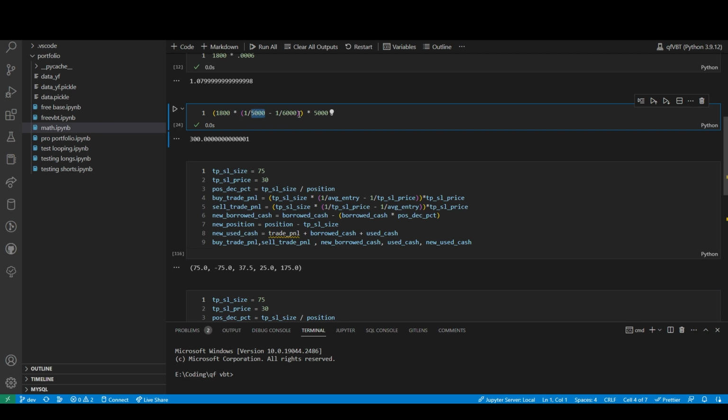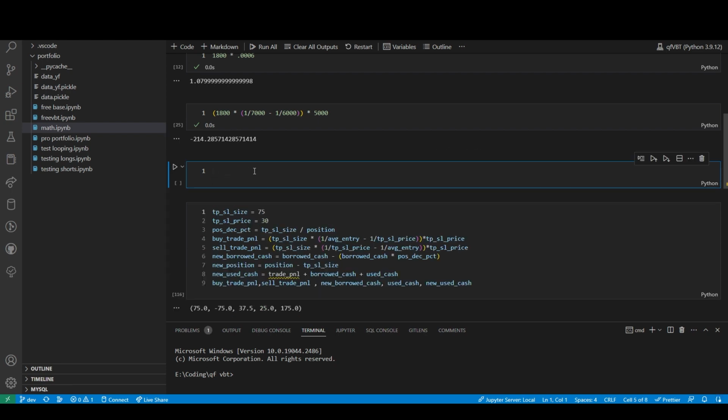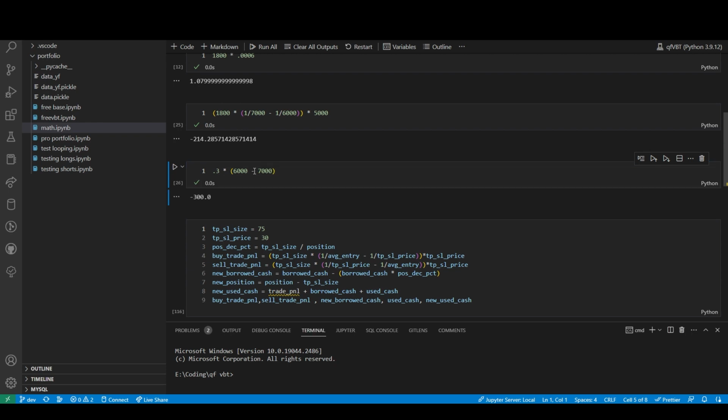So if I were to have gotten stopped out at 7,000, it would be this. Versus if I did 0.3 times 6,000 minus 7,000. What? This is 6,000 and this is 7,000.